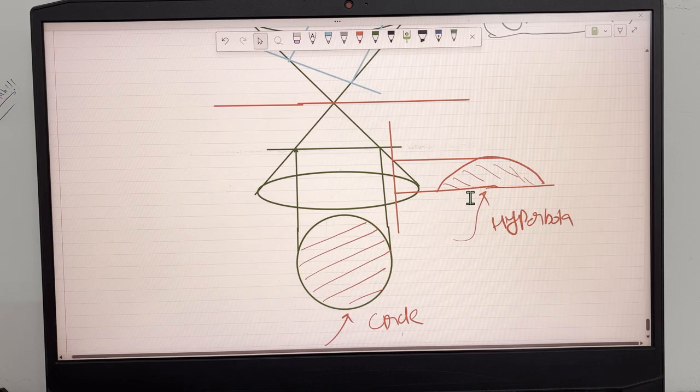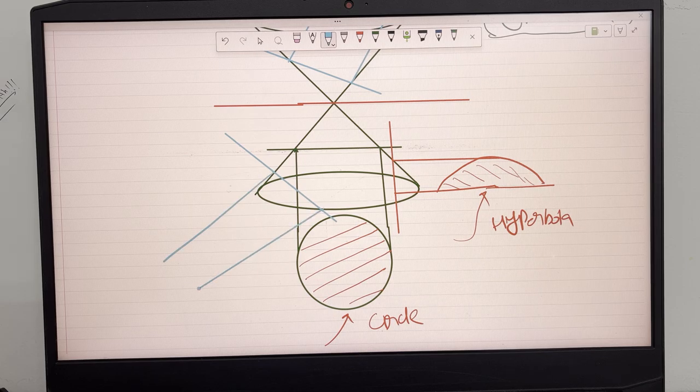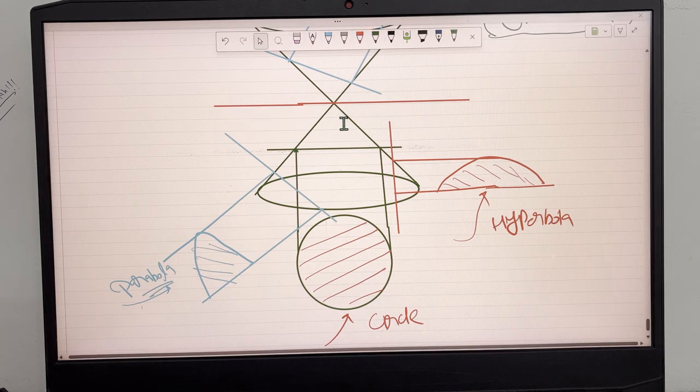And if you cut this cone at some angle with the base and the slant, you will get the parabola. Parabola. Right. So these are the things.